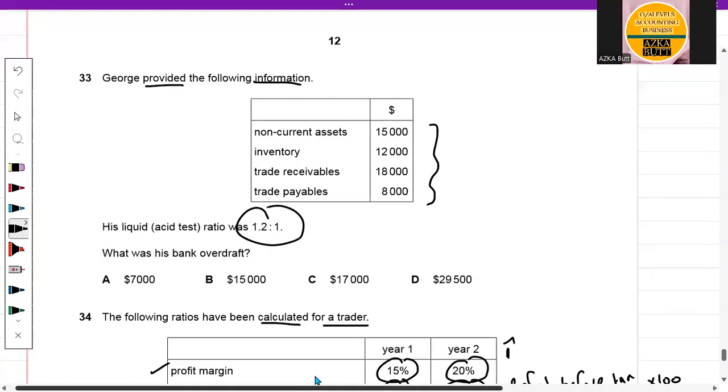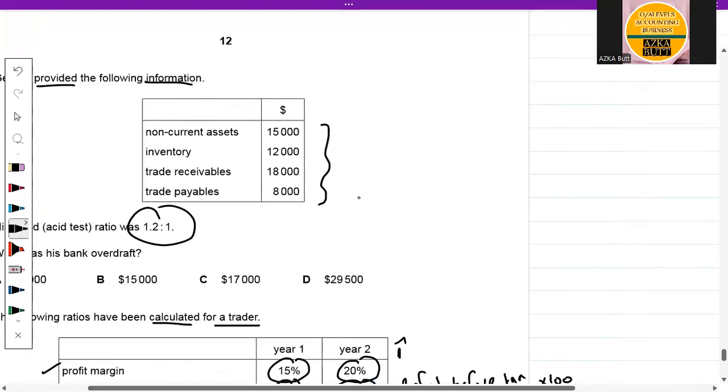We know the formula for the acid test ratio. The formula for the acid test ratio is current assets minus inventory, divided by current liabilities, is equal to 1.2, which is basically our acid test ratio.